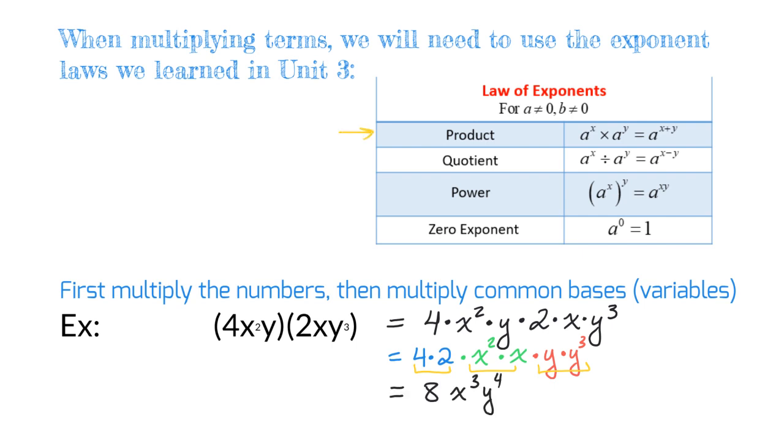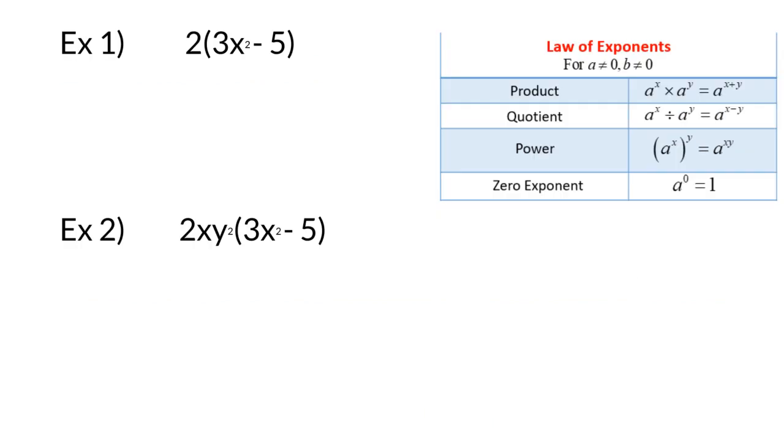So simplifying, 4 times 2 is 8, x squared times x is x to the 3, and y times y cubed is y to the 4th. This is an example of a monomial times a monomial, one term times one term. We are grouping the coefficients and we are grouping the like bases together and using our exponent rules to simplify.